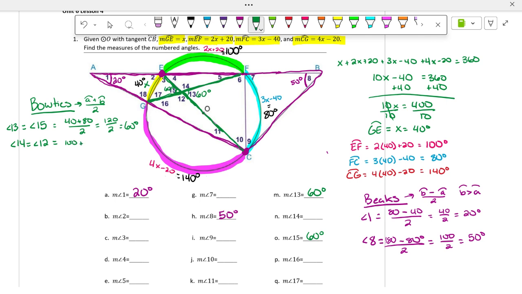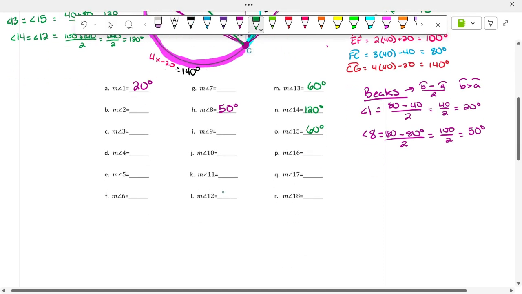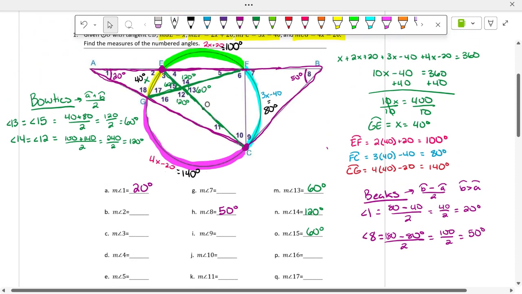What's the ice cream for 12's cone? 140. Divided by 2, that'll be 240 divided by 2, which is 120 degrees. So both 14 and 12 are 120 degrees. That's all my bow ties.